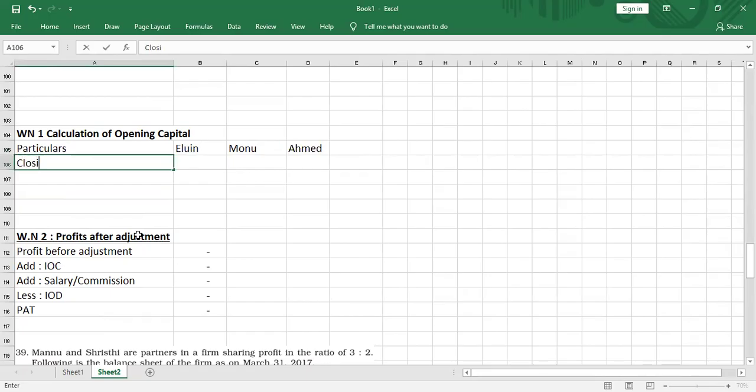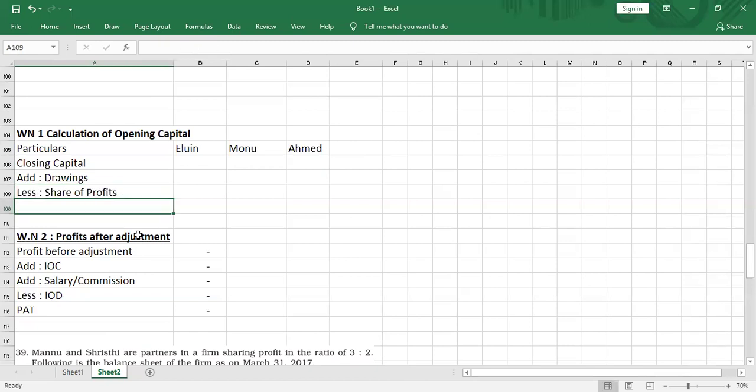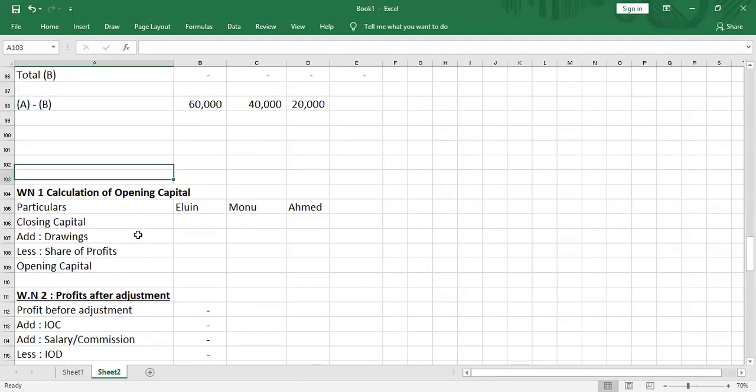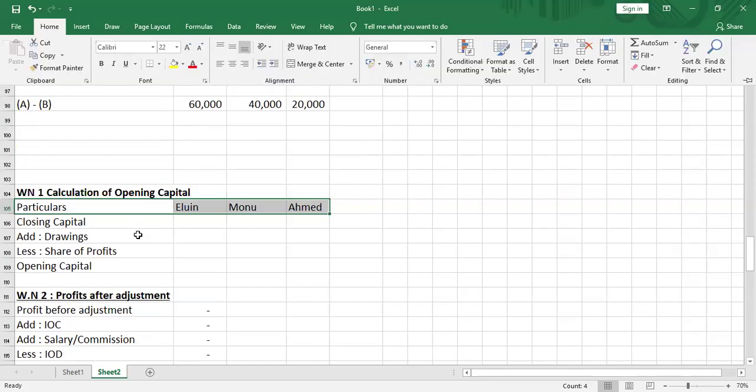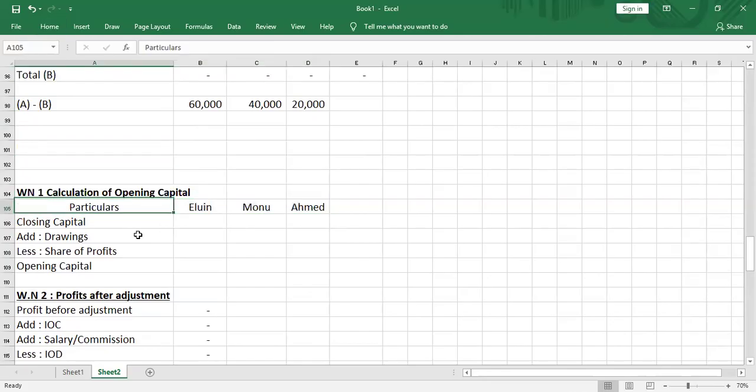Closing capital, add drawings, less share of profits, will arrive at the opening capital. Now, in this question, we don't have additional investments, and interest on drawings has not been provided, so I'm not adjusting for them. Understood or not?